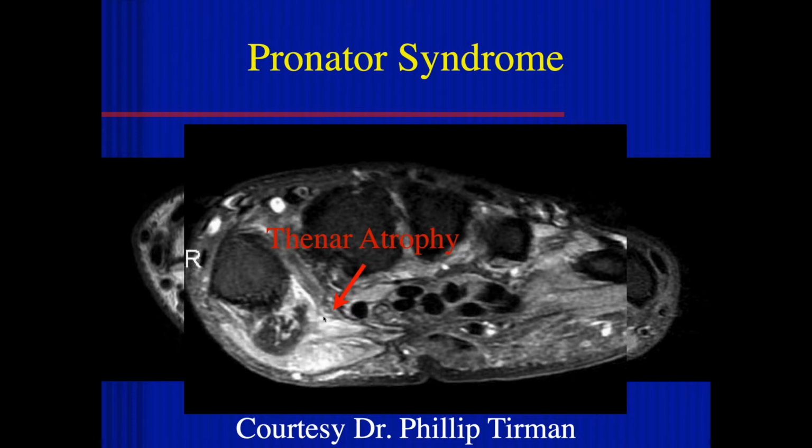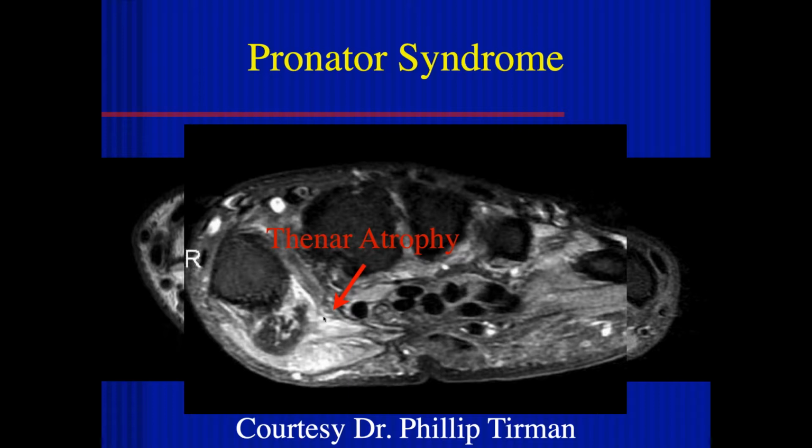And this is a typical appearance that you see with the pronator syndrome. So this would be some compression or neuropathy really at the level of the pronator of the median nerve when it comes down. So this distribution helps you pinpoint the location. And this is again fairly proximal.